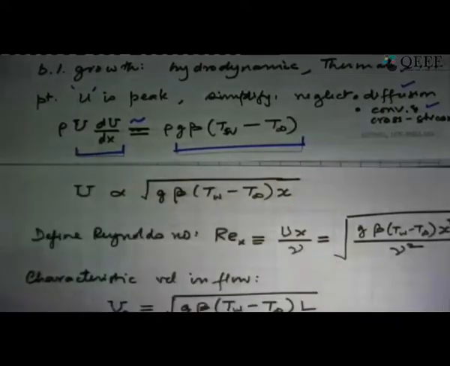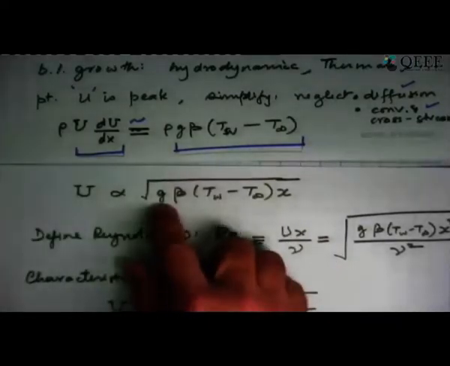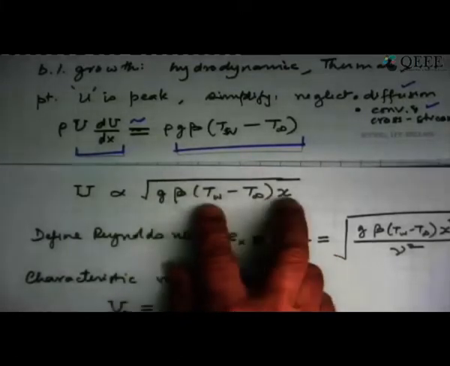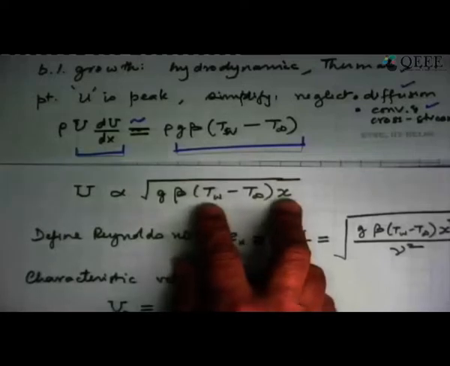That begins to give us, on the right side, g, beta is a property of the fluid, known, Tw and T infinity are both known temperatures in the problem, x is a distance, you can even make it L, and that will be u at L. So we have a characteristic velocity which we have got in terms of knowns on the right side. So we created a characteristic velocity for this problem, one was not given.